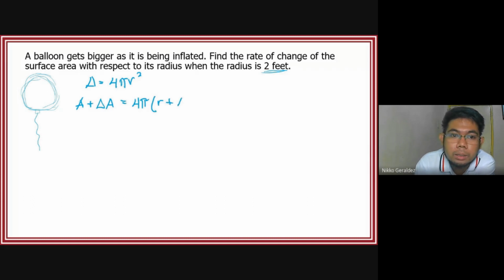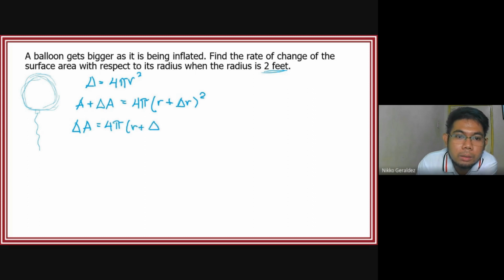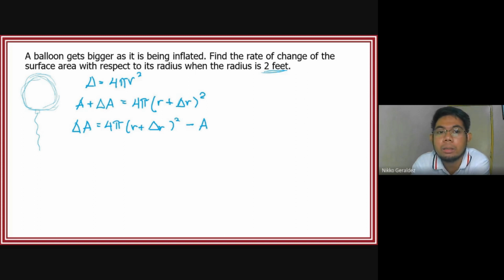So r plus delta r squared. Then solve for delta A. So delta A equal to 4 pi r plus delta r squared minus A. Then difference quotient. So divide both sides by delta r. Then simplify.